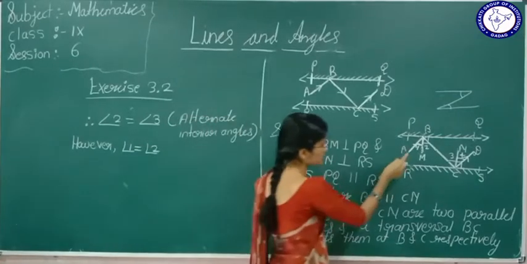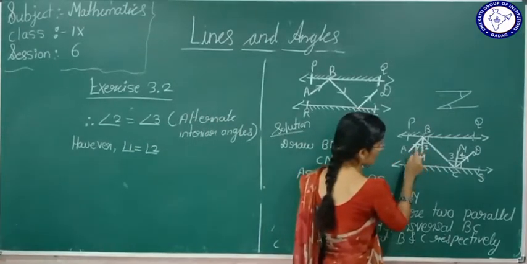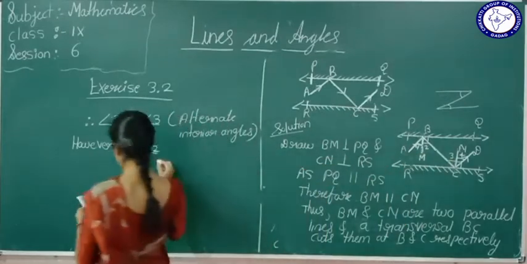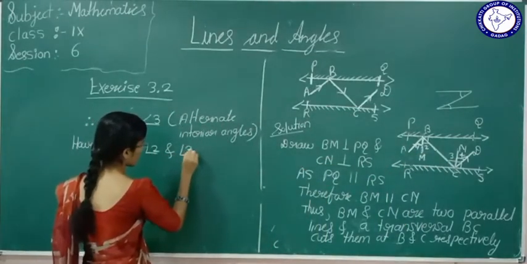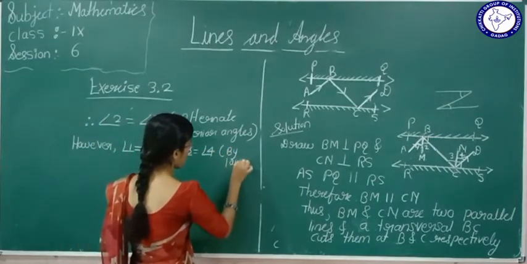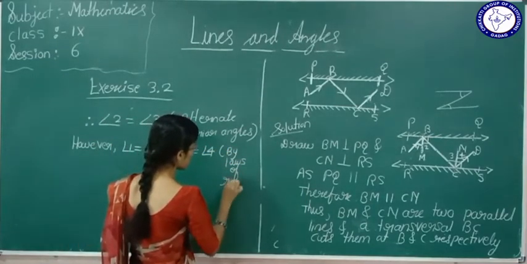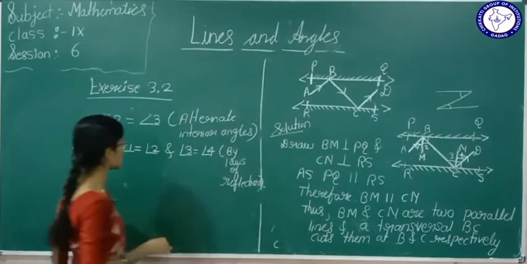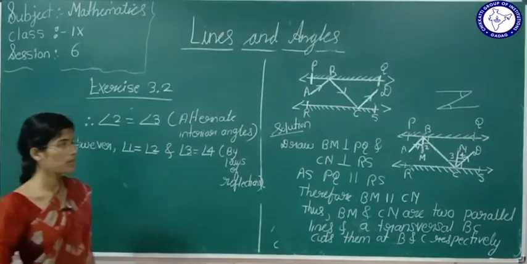In incident ray and reflected ray, the angle will be equal, and angle 3 is equal to angle 4. Angle 3 is equal to angle 4 by laws of reflection, that is the incident ray and the reflected ray angles are going to be equal.